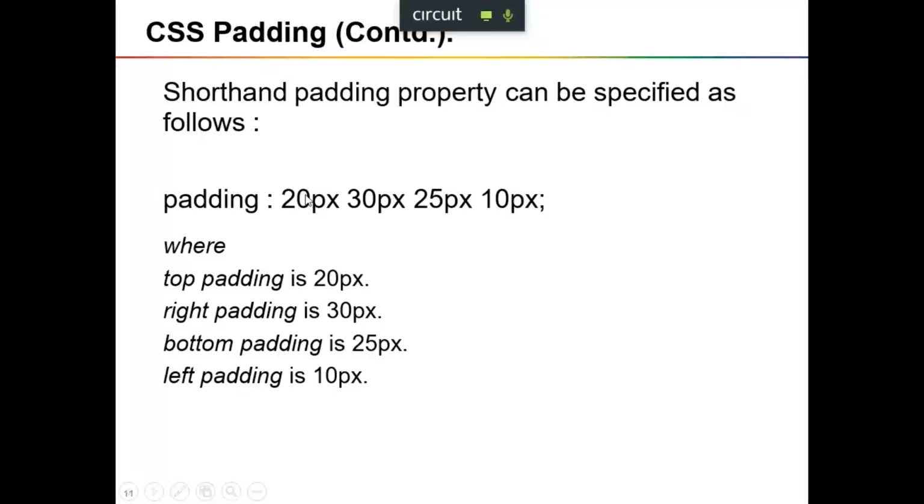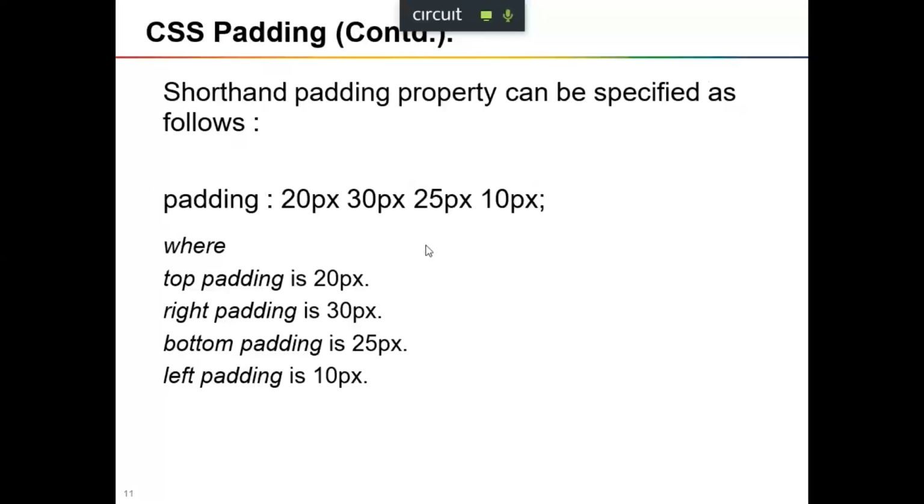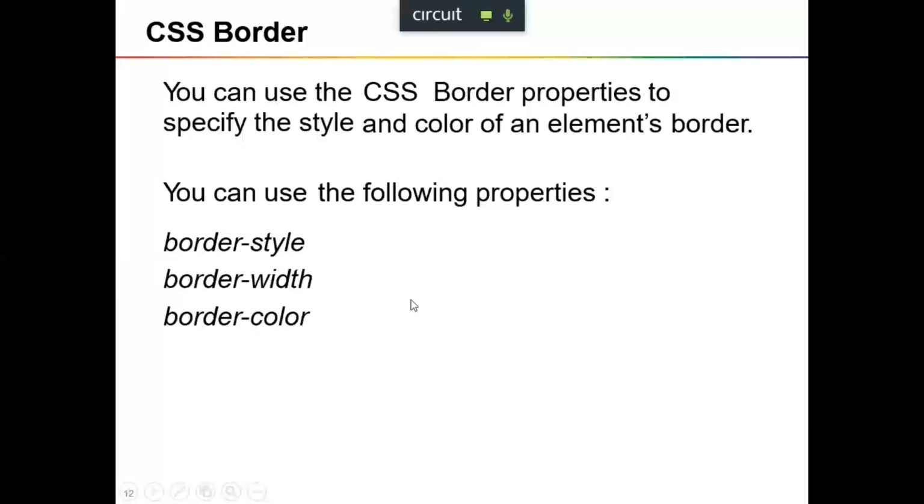So this will take the value in this sequence when I'm going to implement padding. So either you can implement the padding like this, or if I'm going to follow this, then it will take by default top, right, bottom, left. These are the padding properties.